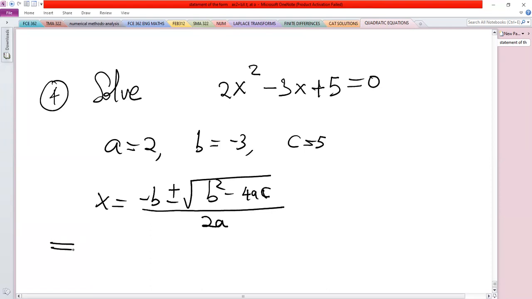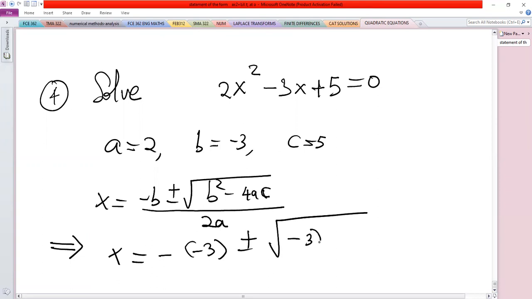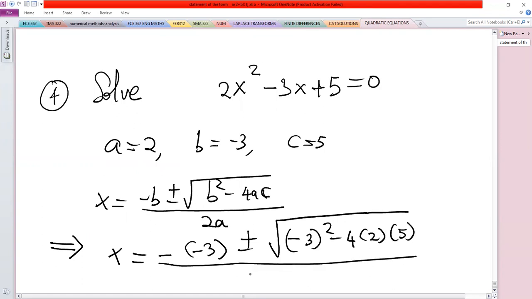So which means that x will be minus minus 3, plus or minus square root of minus 3 squared minus 4 times 2 times 5, divided by 2 times 2.